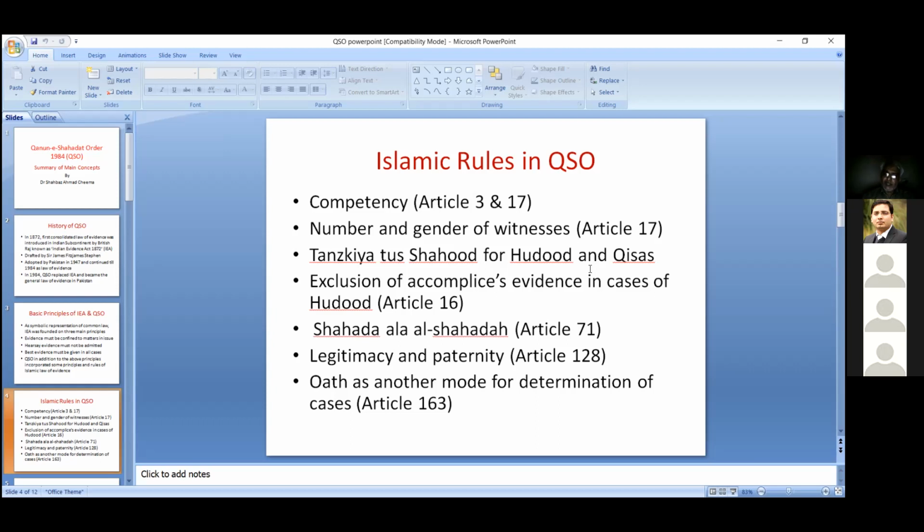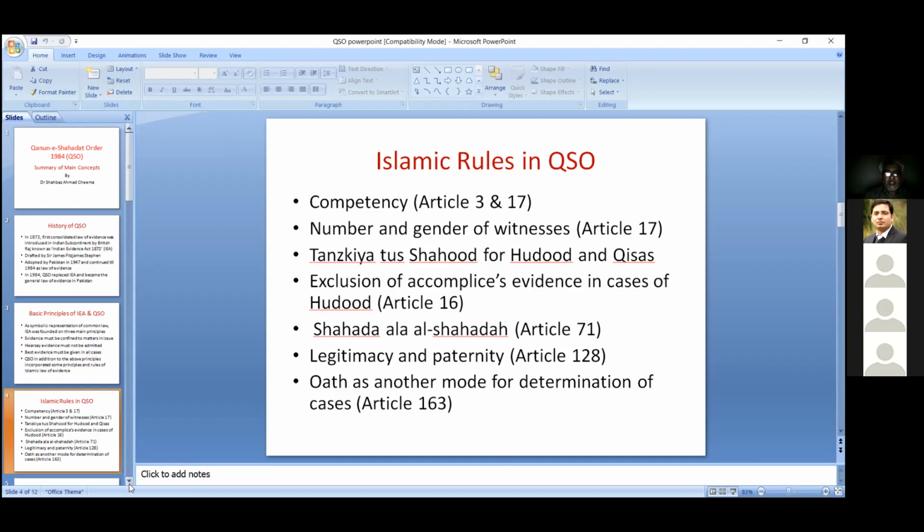Even after the dissolution of marriage, this period will continue up to 2 years under certain circumstances specifically mentioned in Article 128. And then coming to the requirement of oath, we normally read in literature dealing with Islamic law that oath is one of the modes of proof in Islam, and this concept has been incorporated in Article 26.